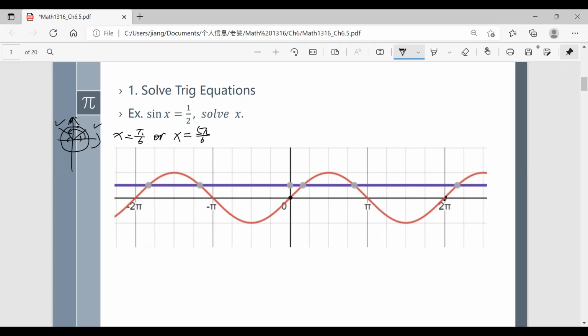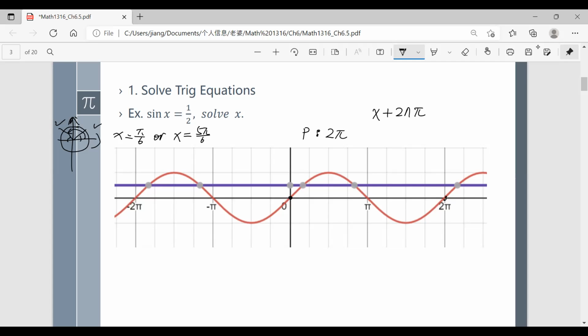But how about the general solution? The general solution means all the solutions. We have learned that the period for sine is 2 pi. And an angle here, the x at 2n pi, so the sine function also equals 1/2.